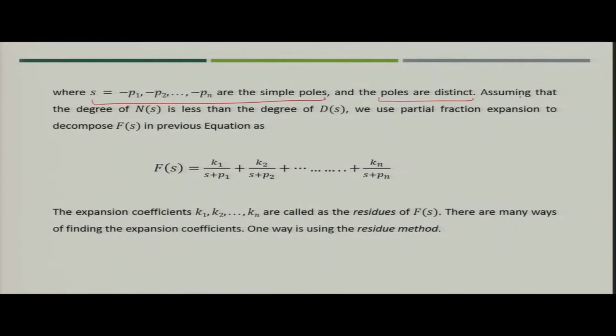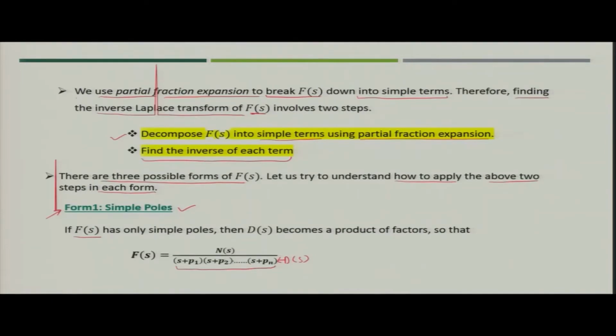Now, if we assume that the degree of N(s) is less than the degree of D(s), that means the highest degree of s in the denominator is greater than the highest degree of s in the numerator, we can apply the partial fraction expansion method to decompose the Laplace transform. So, how will we decompose it?